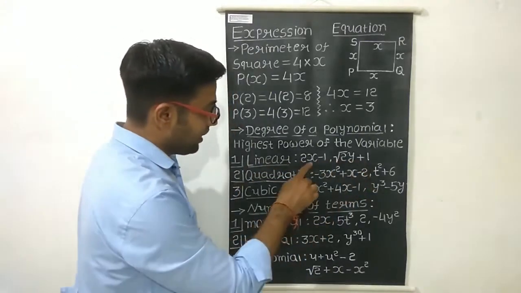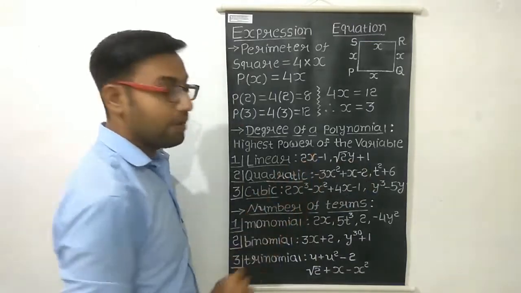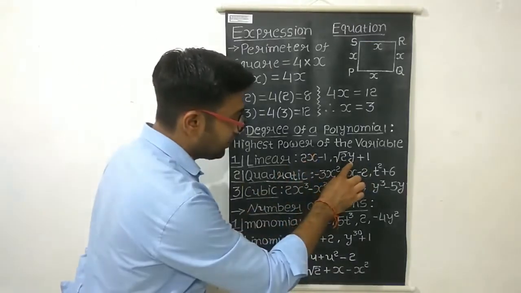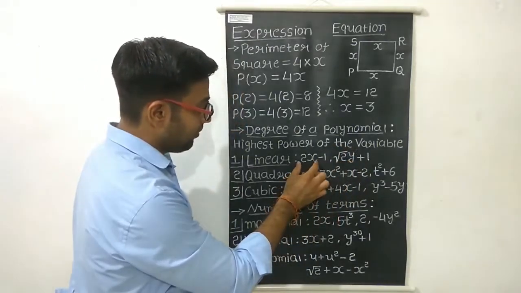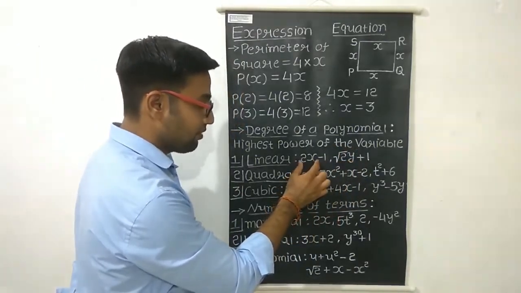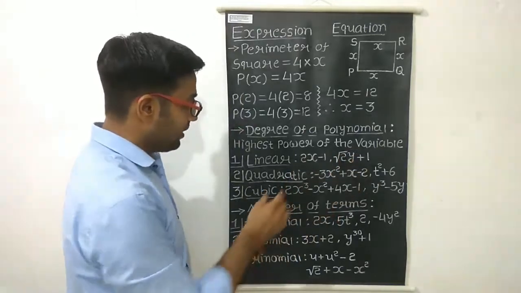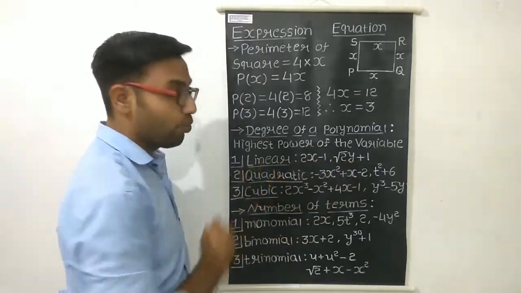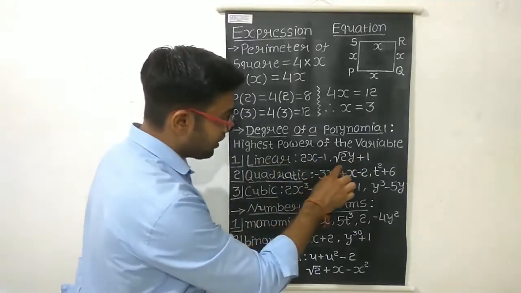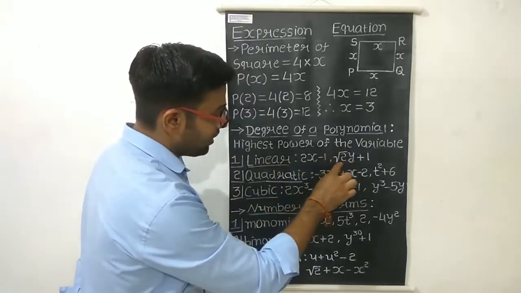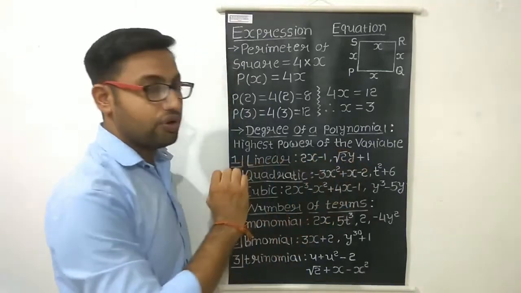You can notice that here x has power 1 and y also has power 1. Whenever the maximum power of the variable is 1, that type of polynomial is called a linear polynomial.